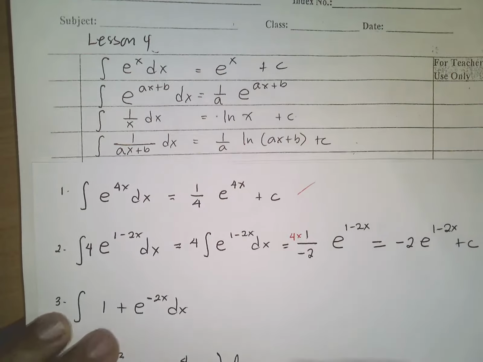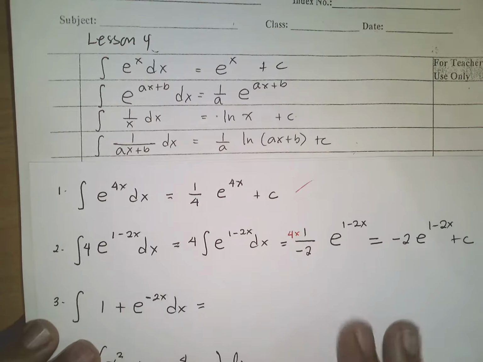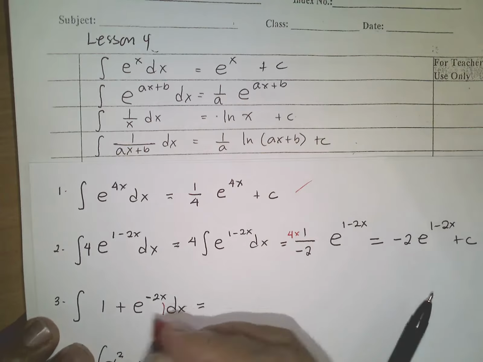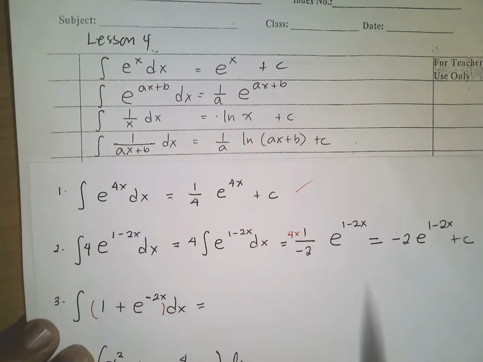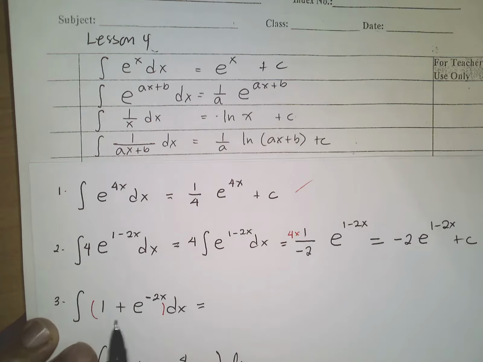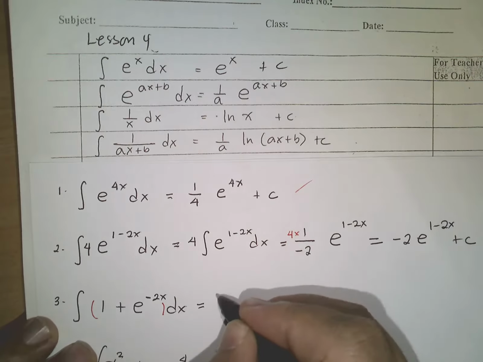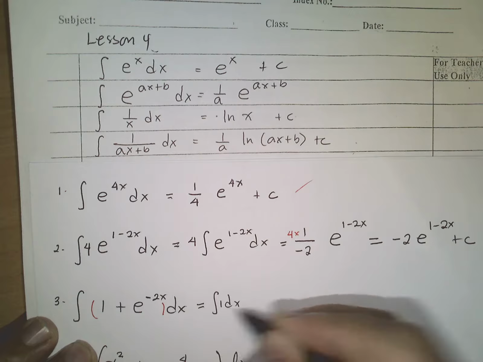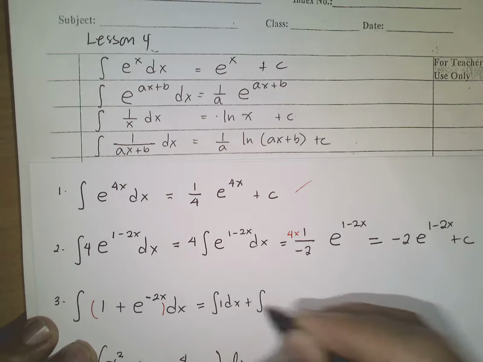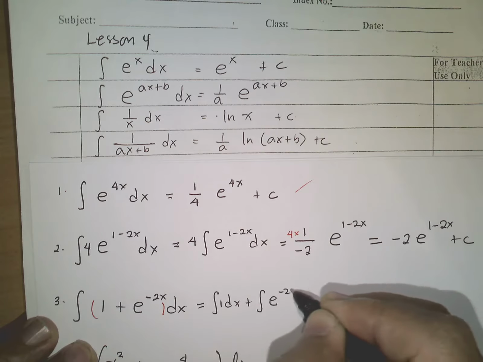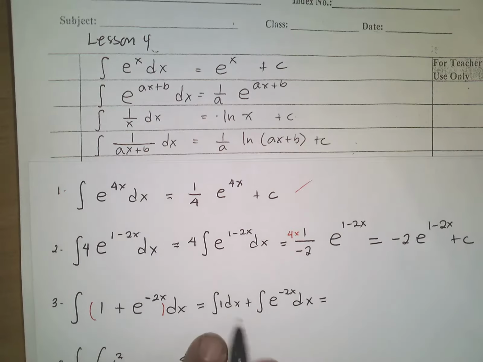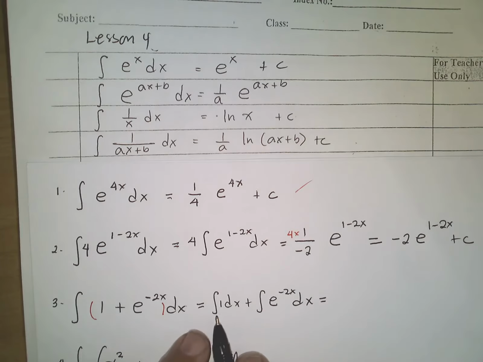Next example. Here you have two terms, and you need to take the integral of each term one by one: integral of 1 dx plus integral of e to the negative 2x dx. And then, once you integrate, you don't need to write the integral symbol.